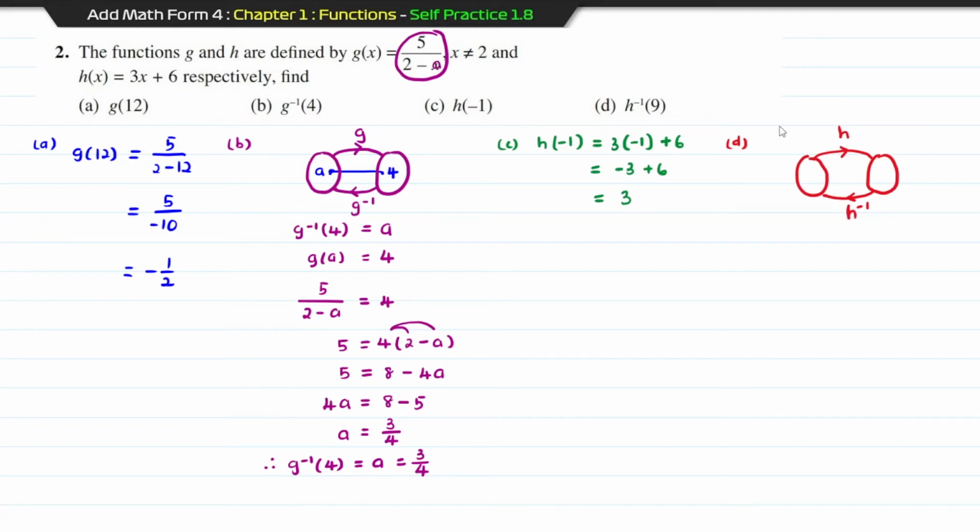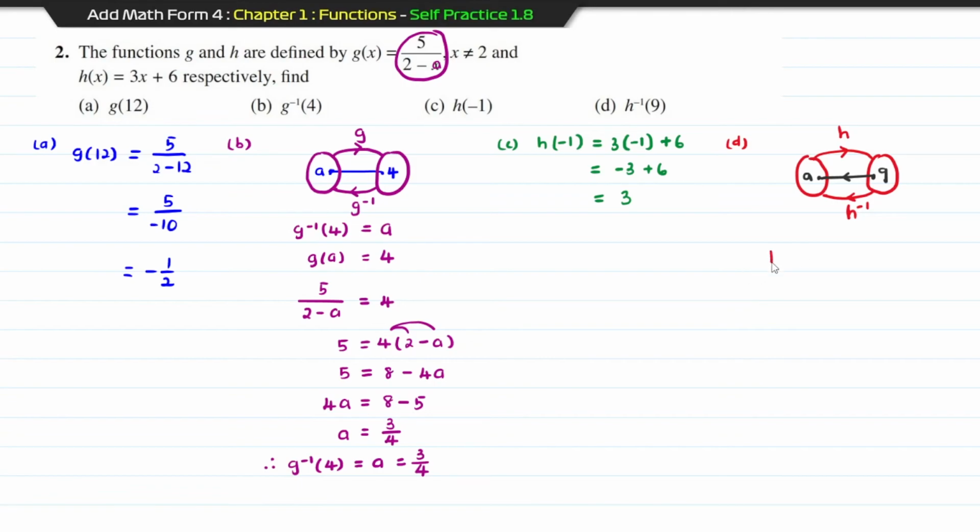So the number 9 is actually on the right hand side. We want to know if you input number 9 into the inverse of h, what is the answer you're going to get. So let's put a variable, let's say a as well. In the other way around, if you insert a into h, you will get back number 9. We're going to use this information to solve this.